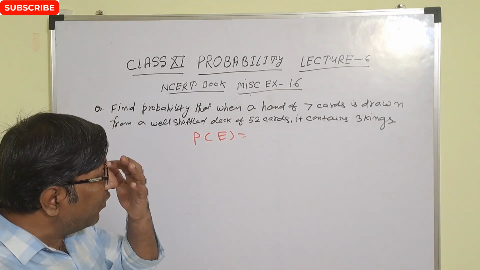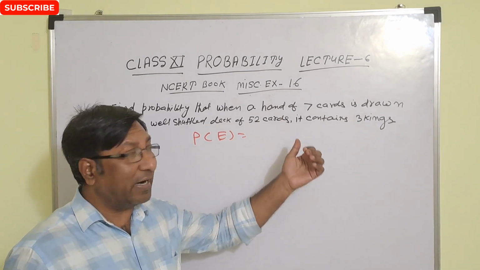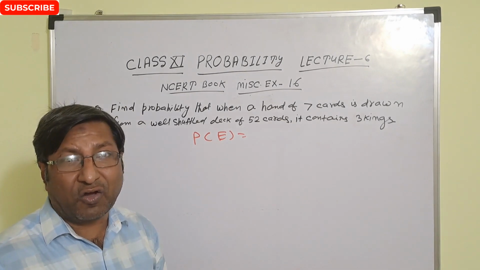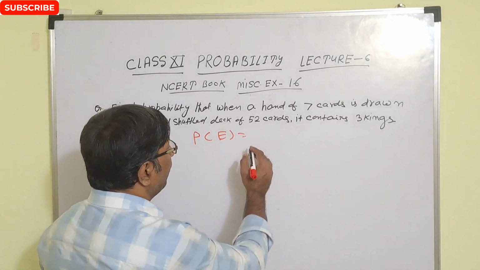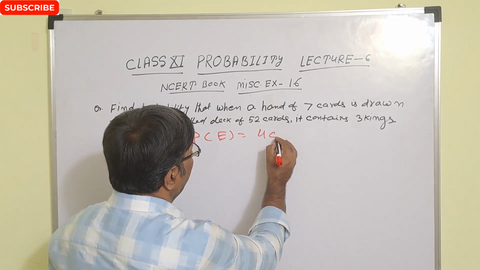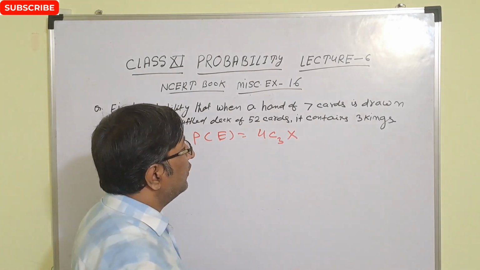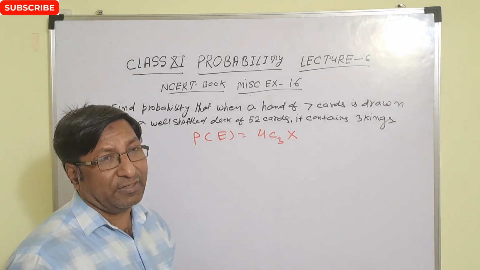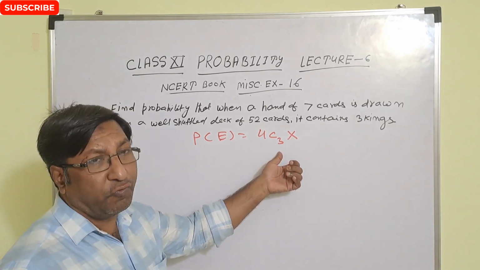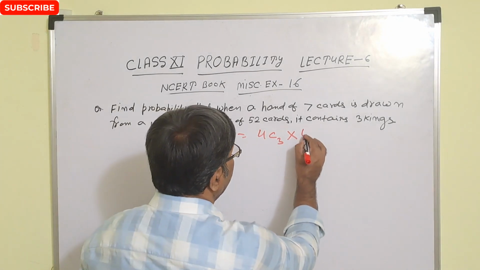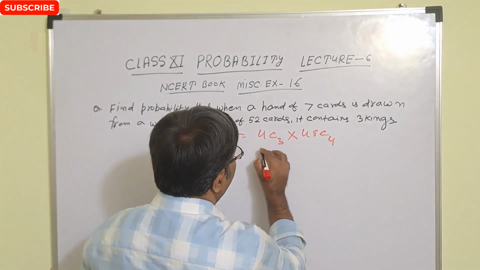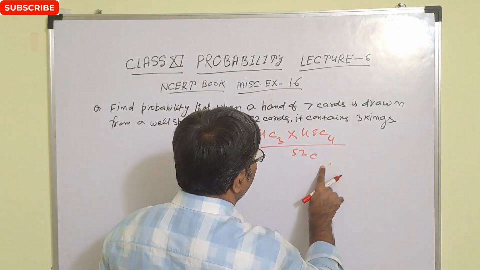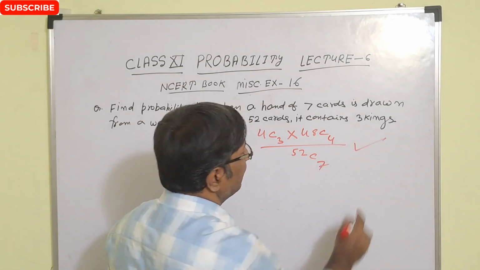Here favorable outcome: we need 7 cards and it contains 3 kings. The total number of kings is 4, so from 4 we need 3, that is 4C3. Now the number of cards which are not kings is 48, and we need 4 more, so 48C4, and total cards is 52C7. This is the correct answer.